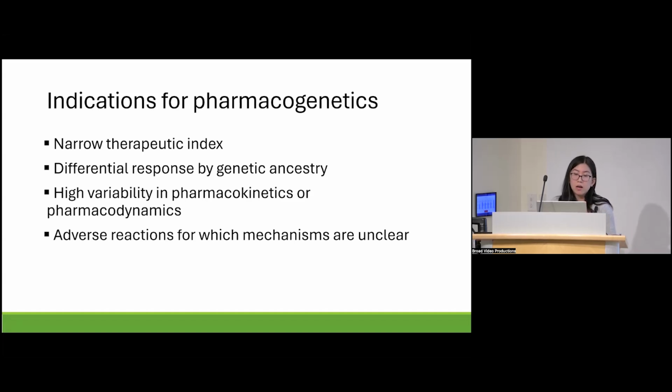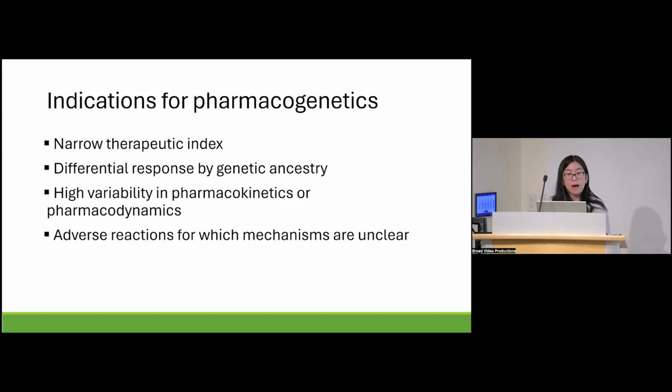We can also see sometimes that there may be differential response to a medication that seems to correlate with ancestry, and that may reflect differences in allele frequency in a given pharmacogene or variant that is different by genetic ancestry. That also can lead to genotype guided approaches.